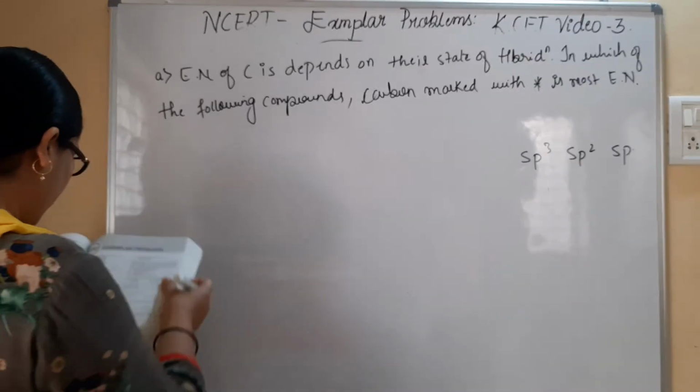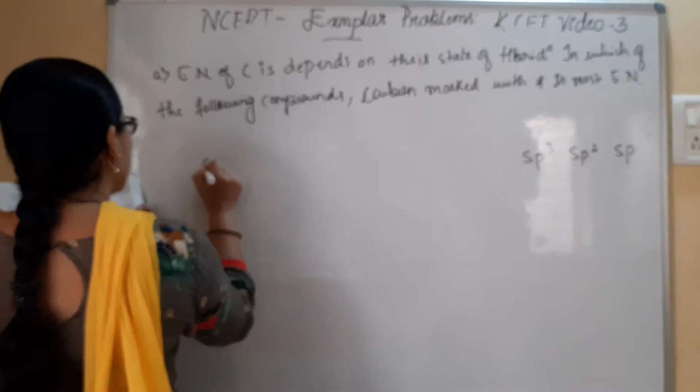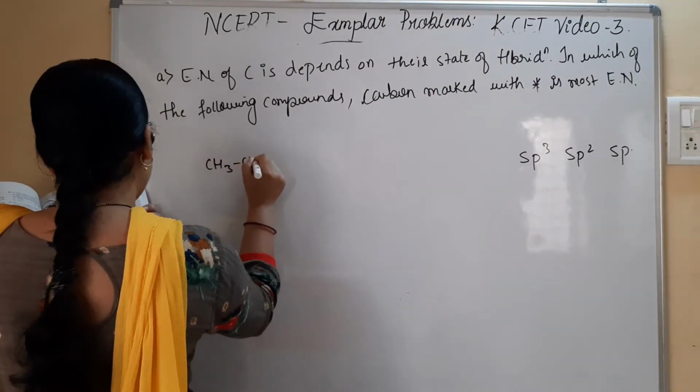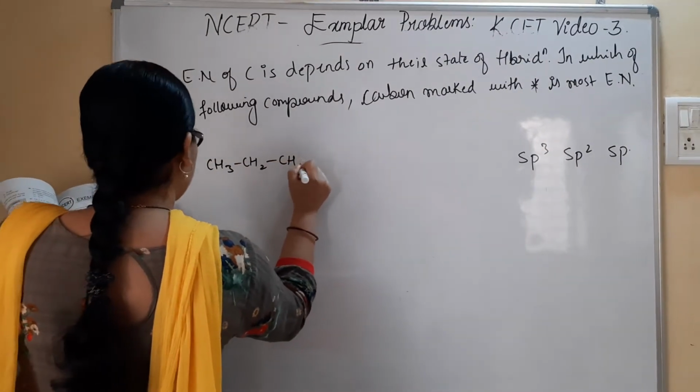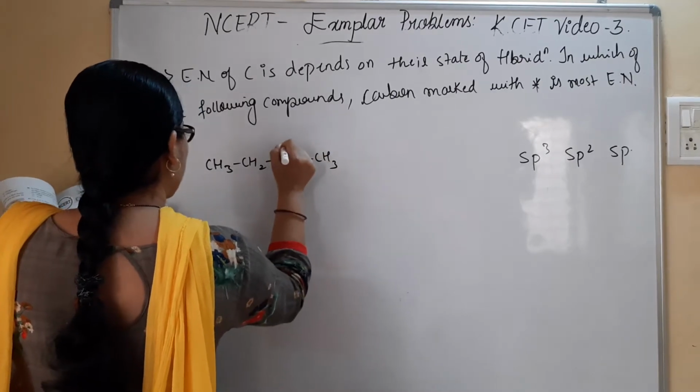So here I have four options. You can see here CH3, CH2, CH2, CH3, and here I have a star.